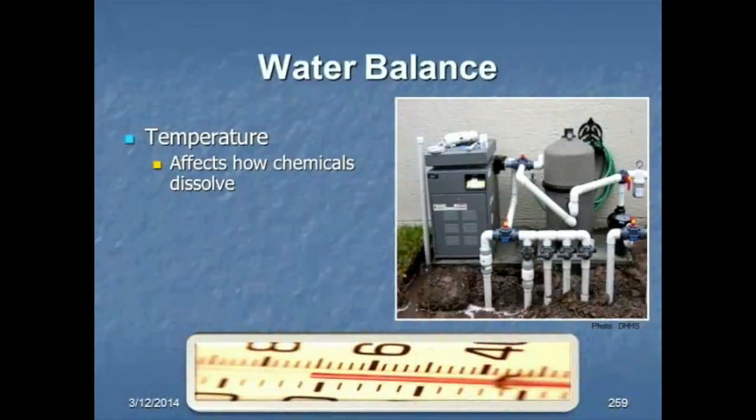Now, when we talk about water balance, we've also got to have that discussion in relation to water temperature. How do chemicals dissolve, or how are chemicals affected by temperature? We've all done the experiment when we were kids where we took a glass of iced tea and a glass of hot tea, and we took a half cup of sugar and dumped them into each of them at the same time and then stirred both containers.